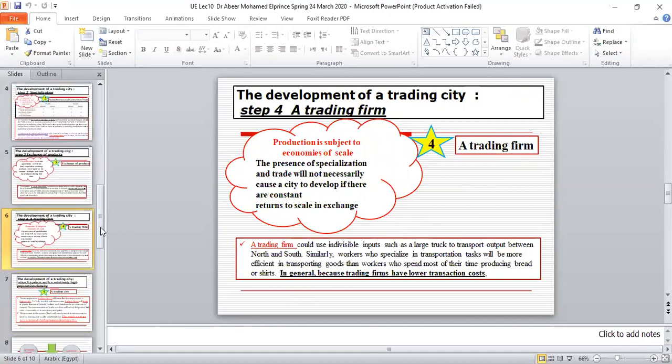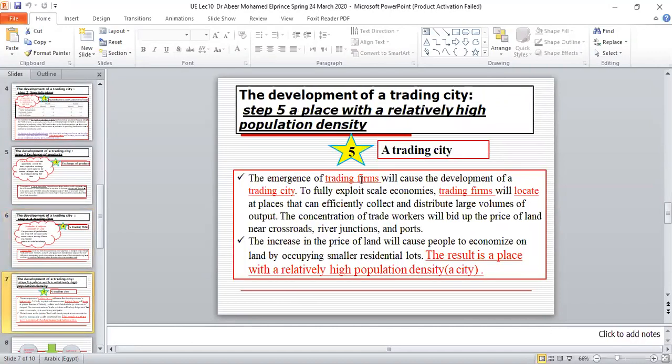And the emergence of trading firms will cause development of a trading city. Trading firms will locate at places that can efficiently collect and distribute large volumes of output. The concentration of trade workers will increase the price of land, and this will increase population density, and it will be a city.